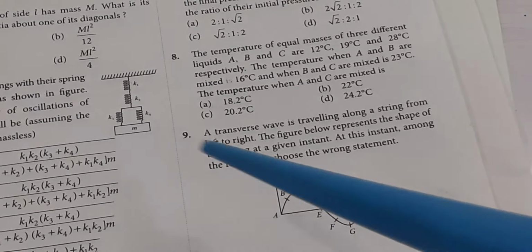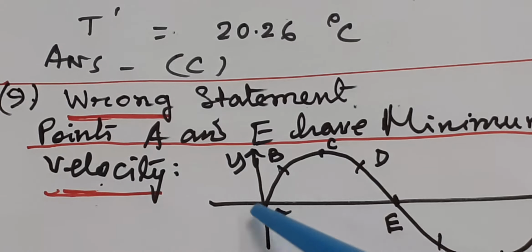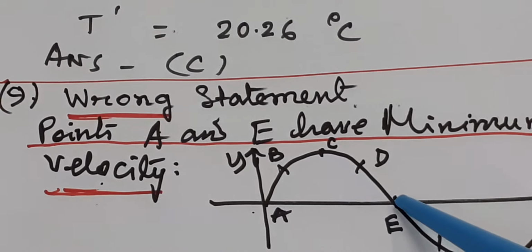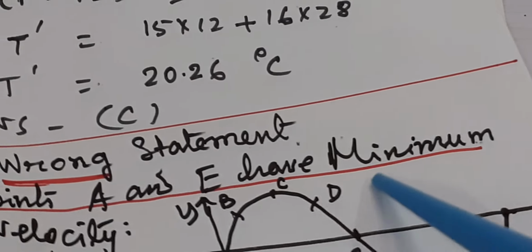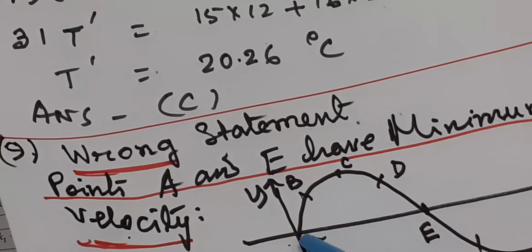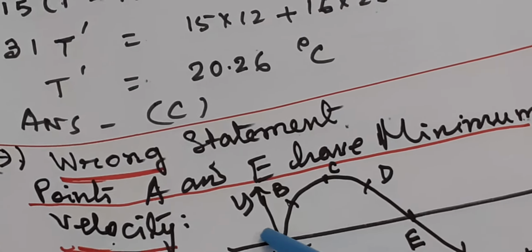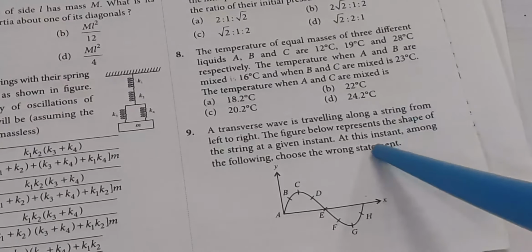In this diagram, you have to see that this position is a mean position for the string, this is also a mean position, and these are the extreme positions. At extreme positions velocities are minimum, I mean 0. Here it is maximum. Let us see what the choices given here are.